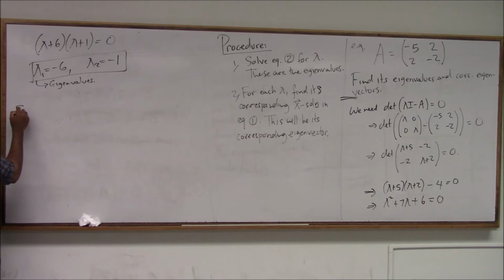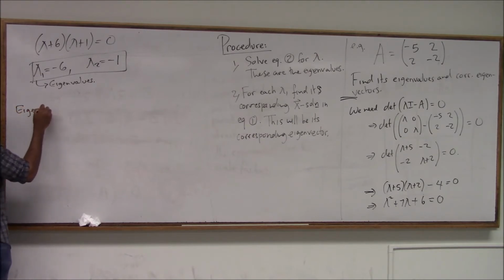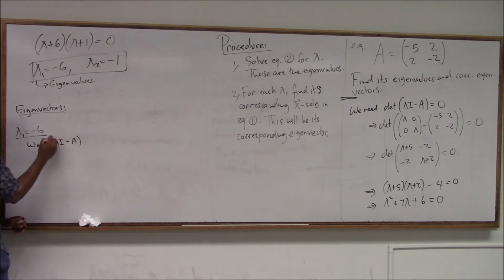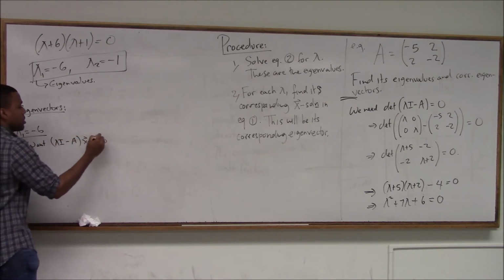Now let's find the eigenvectors. Again, we're going to do that one at a time. So let's start with the eigenvector for lambda 1 equals minus 6. What I'm going to do is go back to the original. Remember, I want lambda I minus A times x equals 0.